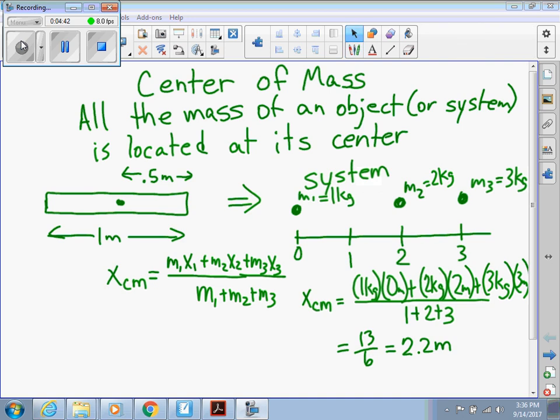So our center of mass is somewhere over at 2.2 meters, and we could treat this whole system as a point mass at exactly 2.2 meters. If this group of objects spun together, it would spin about that point. It would balance right there.